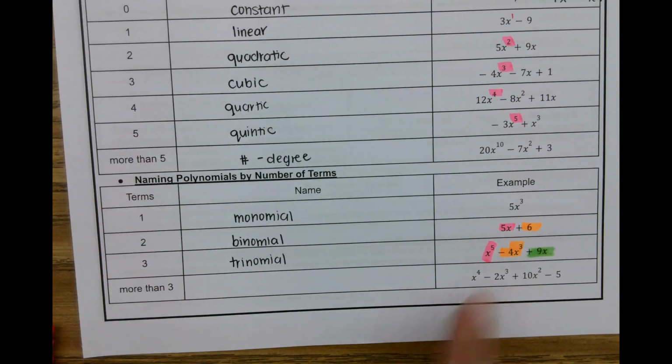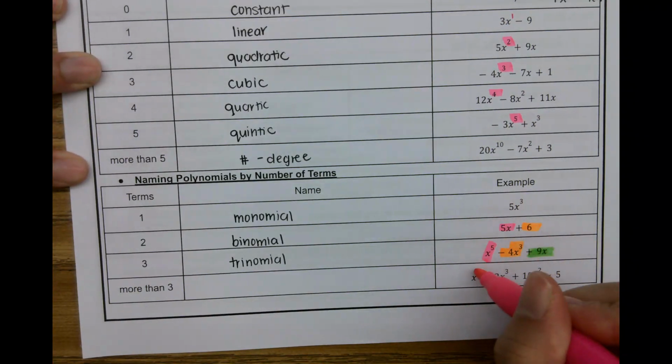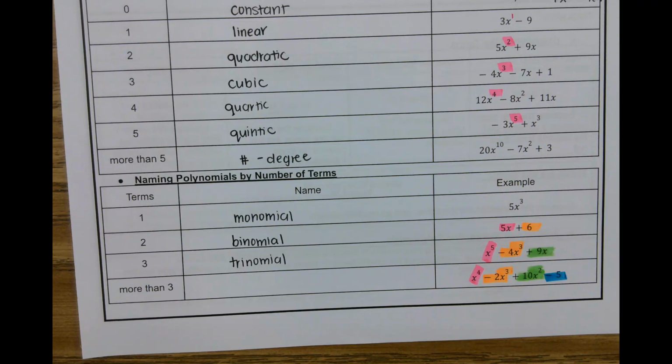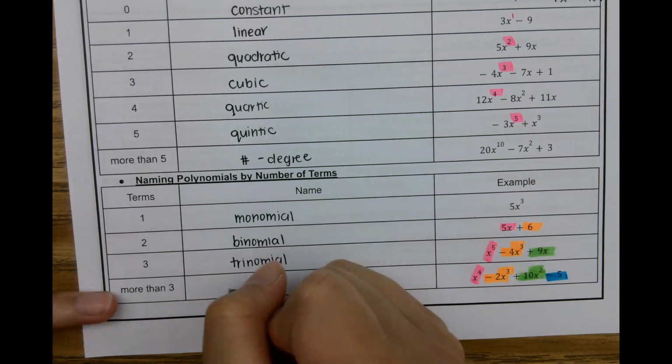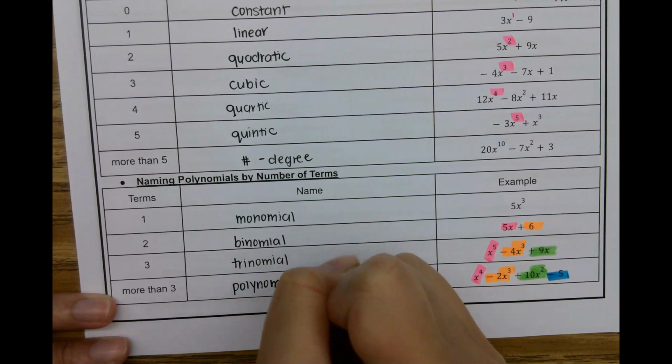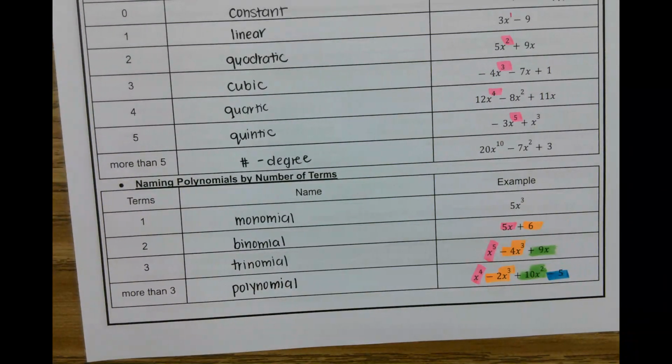So for example here, we have one term, x to the fourth. The second term is negative 2x cubed. The third term is 10x squared. The last term here is the minus 5. Here we have more than three terms. That is called a polynomial. And so that is how we name our polynomials.